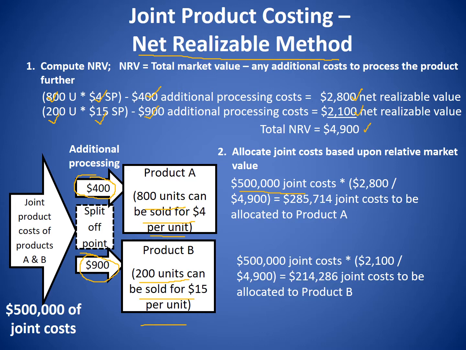That percentage, then, comes out to $285,714 of joint costs to be allocated to product A. Also for product B, we take $500,000 of joint costs, and our net realizable value is $2,100 for product B, divided by the $4,900 total net realizable value. That leads us to allocate $214,286 to product B.